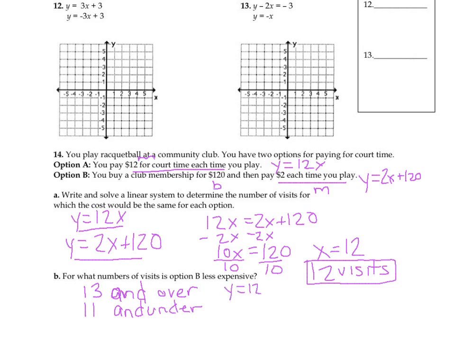So y equals 12 times 13 gives us what option A's cost would be, which is $156.